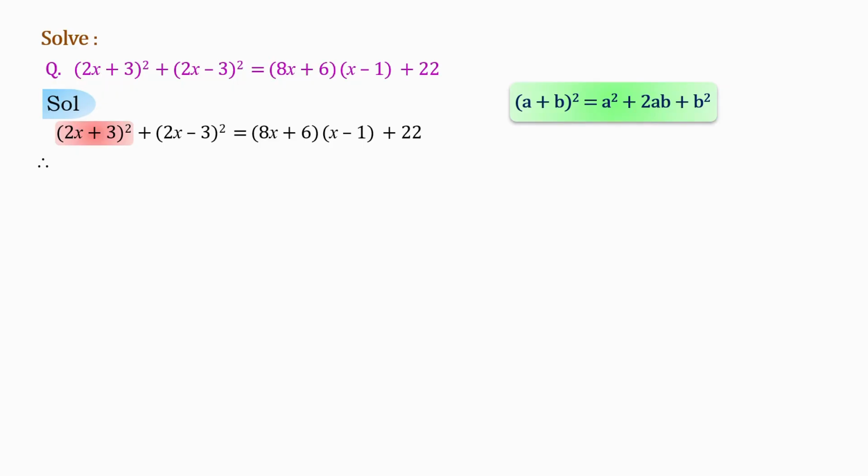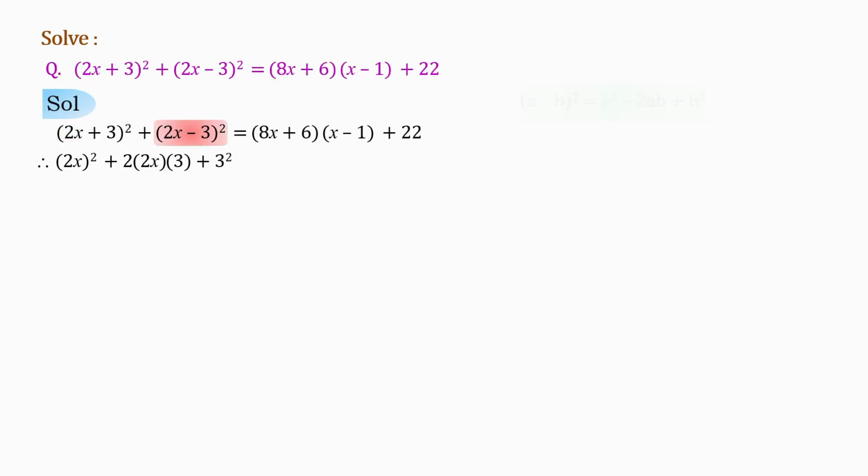Now in this case, we are going to apply our identity, that is the (a plus b) whole square identity, that is equal to a square plus b square plus 2ab. So here a is 2x, b is 3, and we are going to apply this identity.